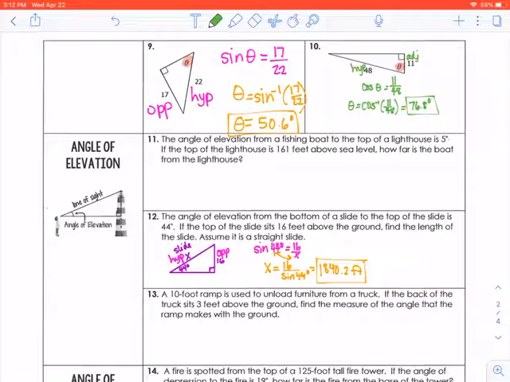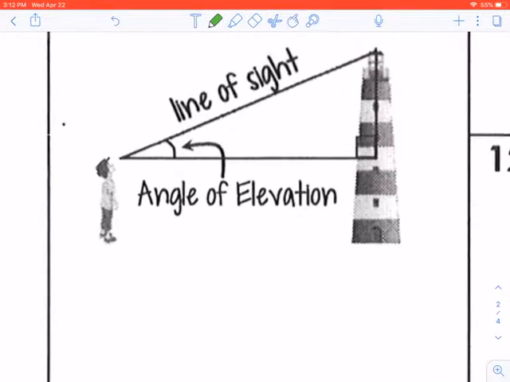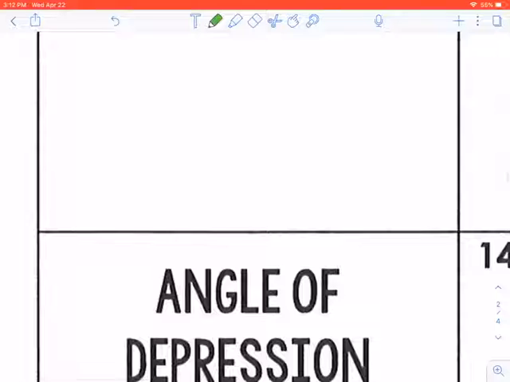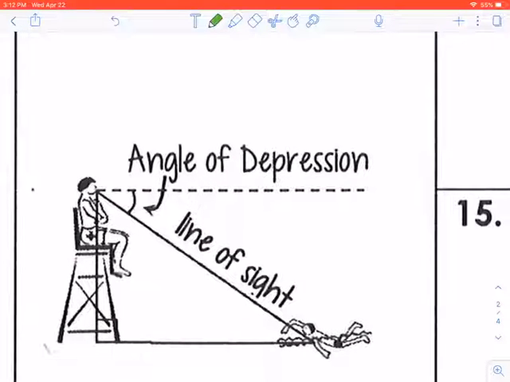Let's really quick talk about elevation and depression, okay? An angle of elevation will always come from a horizontal line, always, okay? And it goes up here, and this is your angle of elevation, okay? So it always goes up. That's your angle of elevation. Where an angle of depression, okay, again, comes from a horizontal line, but then it goes down.